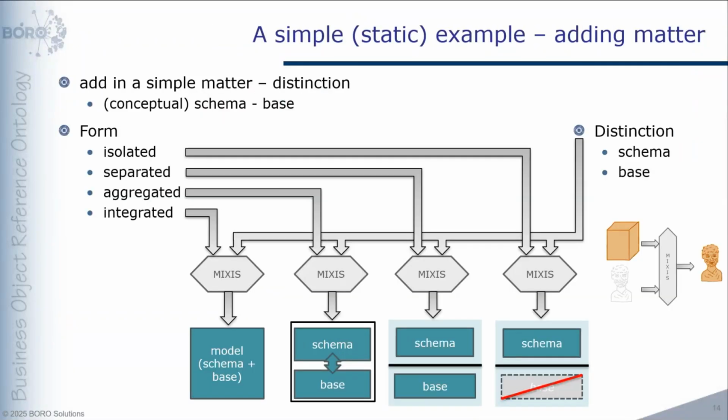What we're saying is that this is a form à la Aristotle, and this is the equivalent of matter, which is a distinction, in this case schema-based. Depending on the modularity form that you choose, you get different structures at this level. We're suggesting that this is probably a good way of doing certain things, whereas at the moment, certainly for the first logical modeling, this is the way most people do their form.